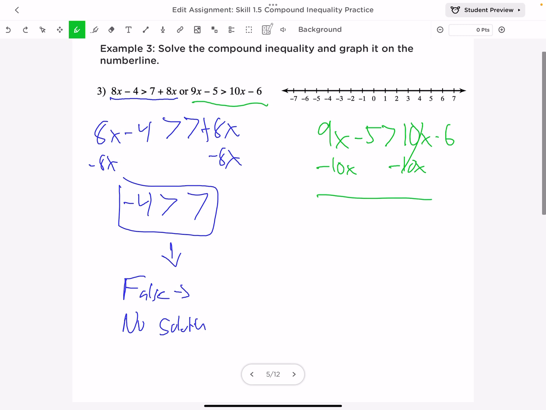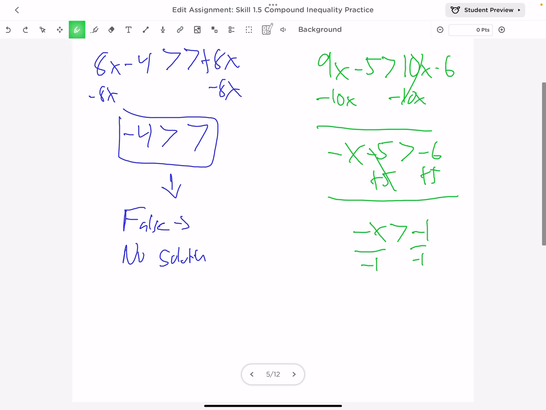That cancels, excuse me, negative x minus 5 is greater than negative 6. Add 5, that cancels. Negative x is greater than negative 1. Divide by negative 1, divide by negative 1. And this becomes x is less than 1.